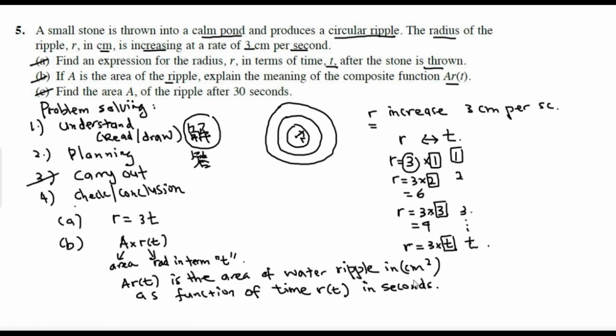That's the interpretation of this composite function. In a simple sentence, this composite function means the area in terms of the radius, which is in terms of time.